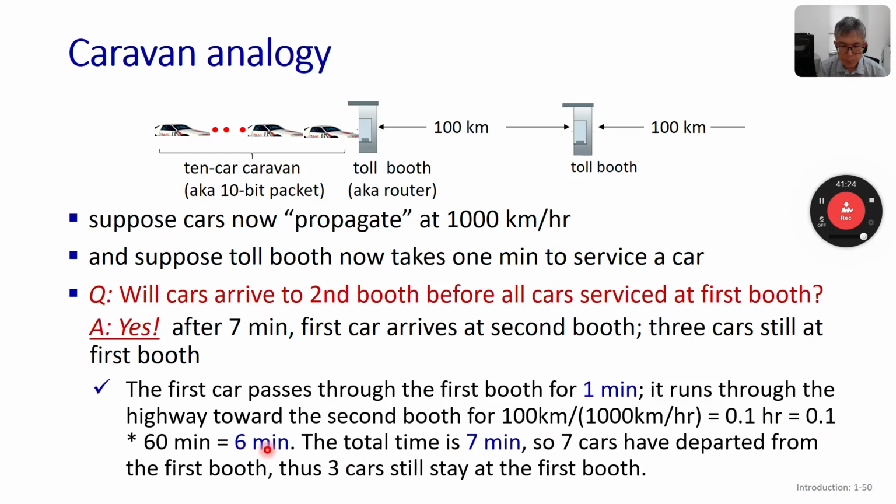So at 1 plus 6 minutes, the first car arrives at the second booth. How many cars were serviced by then? Each car takes 1 minute, so in 7 minutes, 7 cars. Which means 3 cars are left at the first booth.